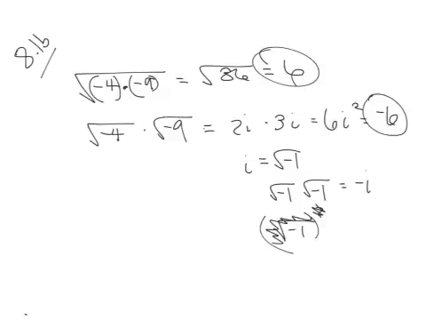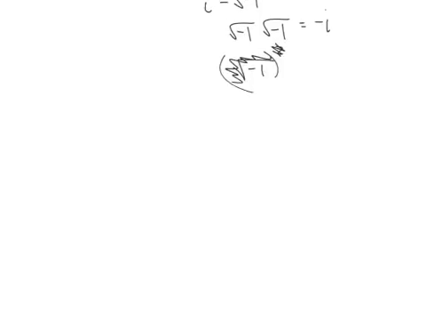All right, let me go over this with you again really quick. When we have the square root of negative 1, that equals i. When we square the square root of negative 1, what happens? The square root sign and the exponent leave.